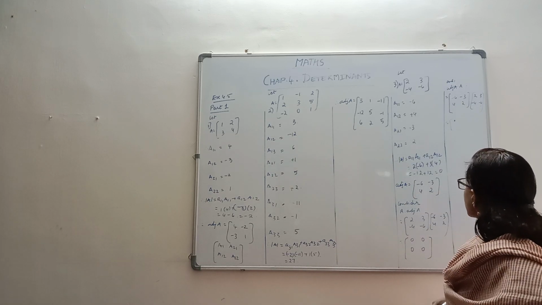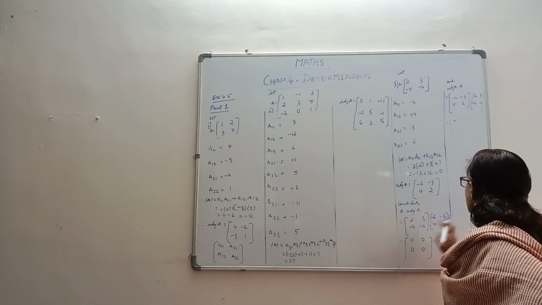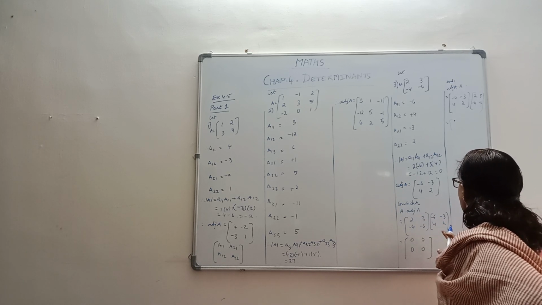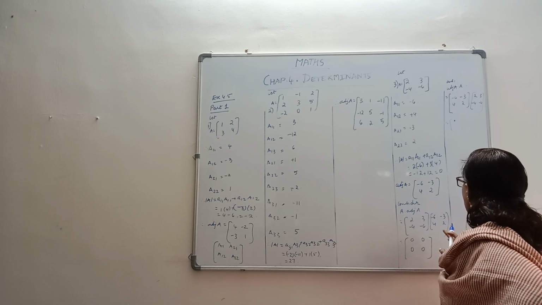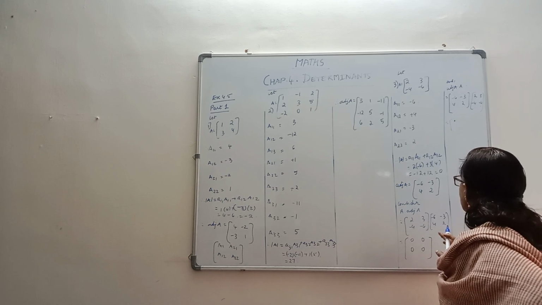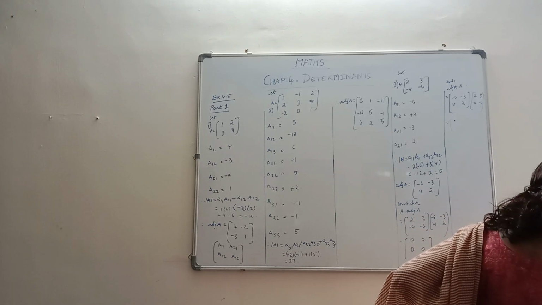I should check this. This was okay, no? Here minus 12 plus 12. This was all okay. I will just check if the adjoint is correct. Yes, it is correct.